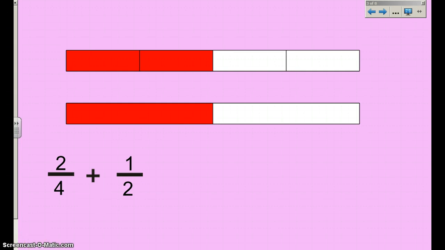Okay, I'm going to use my model to help me. So first of all, I'm going to label. This is 1/4, then this is 2/4, 3/4, and 4/4, which we all know equals 1/2.